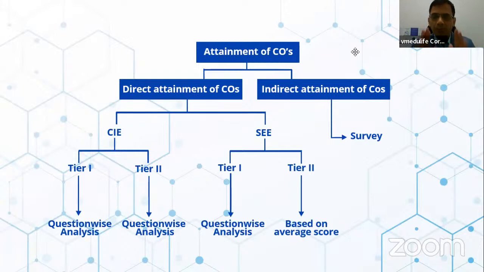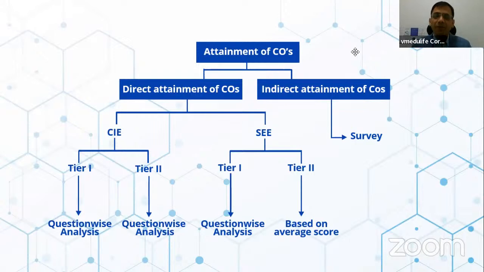The purpose behind sharing this slide is that in our end semester examinations, specifically in case of an affiliated institute, for example if you are affiliated with JNTU Hyderabad, we are not getting the answer sheets of our semester end examination, and in that case we won't be able to perform the question wise analysis.